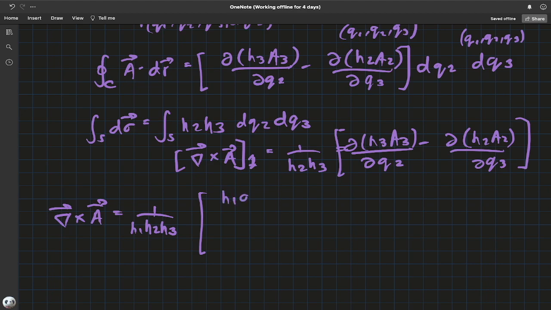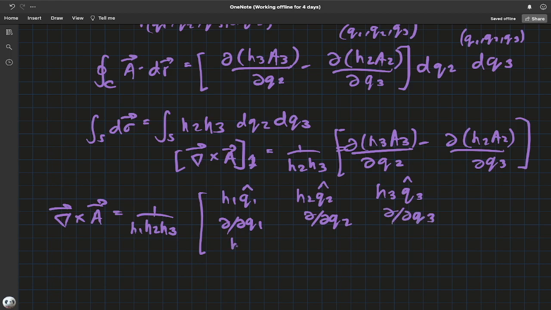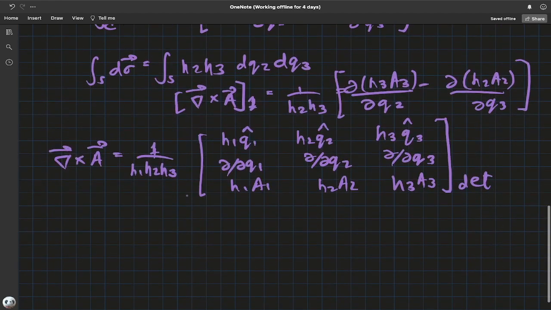You have h1 q1 hat, h2 q2 hat, h3 q3 hat, partial with respect to q1, partial with respect to q2, partial with respect to q3, h1 a1, h2 a2, h3 a3. And when I write this as a matrix, this is basically take the determinant of this guy and multiply by this scaling factor triplet in the denominator.